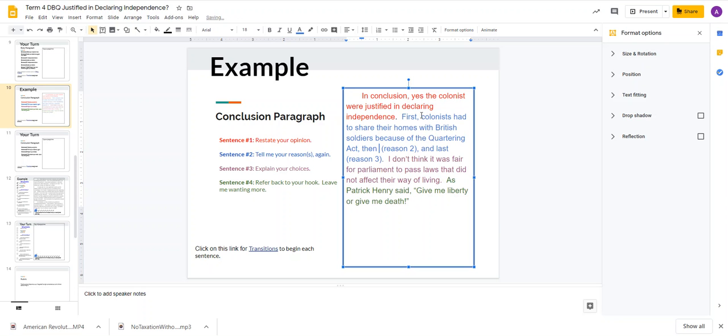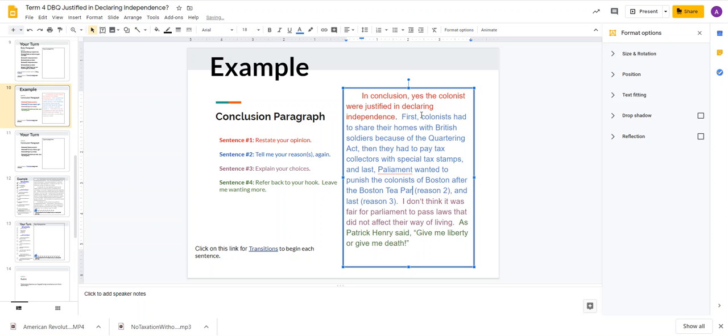Then, reason two, they had to pay tax collectors with special tax stamps. And last, Parliament wanted to punish the colonists of Boston after the Boston Tea Party.